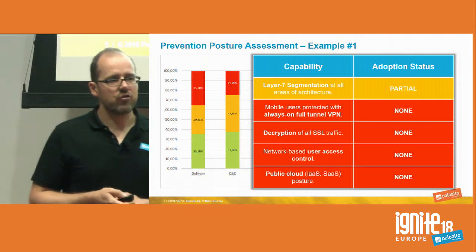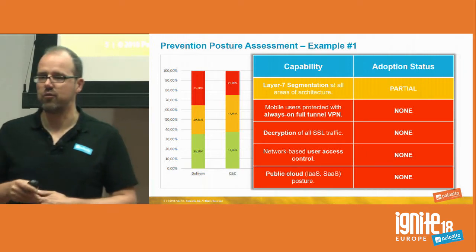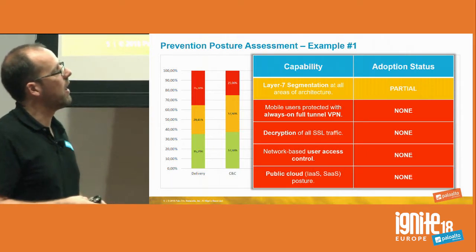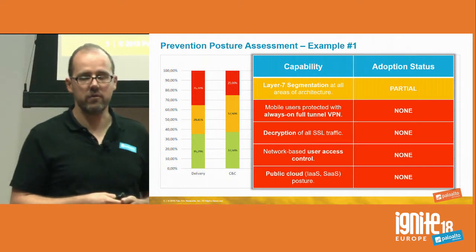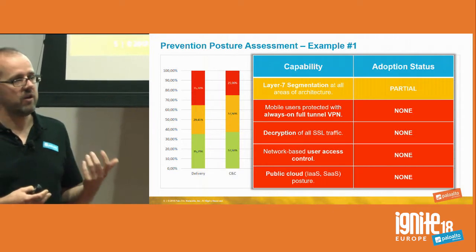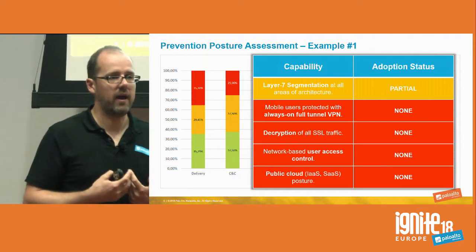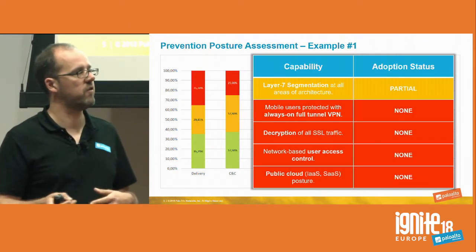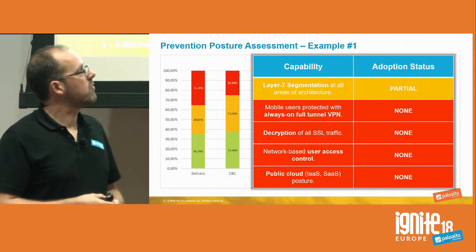Network-based user access control, and again, this ties into the internal part of the network as well as your perimeter. Network-based user access control is often absent, so again, it's a control that is not there, which makes it easier for a hacker, once he's inside the network, to move laterally from one system to another system. But again, something that is very often missing.